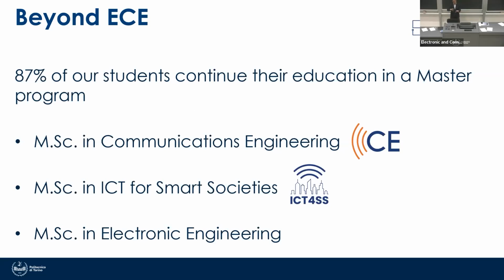Application to smart society. What does it mean? Smart building, smart health, smart grid, smart energy. So everywhere ICT has an application, you need an expert in communication to manage, to design, and to handle it.